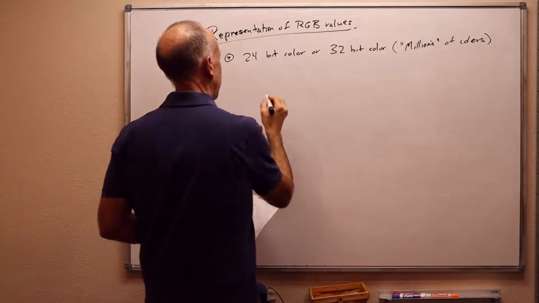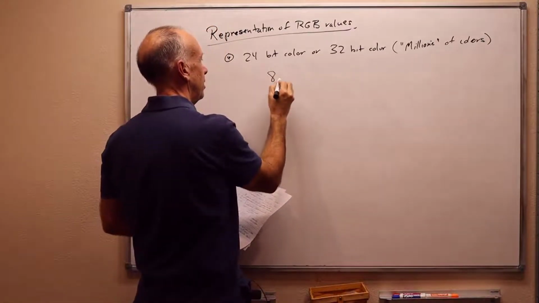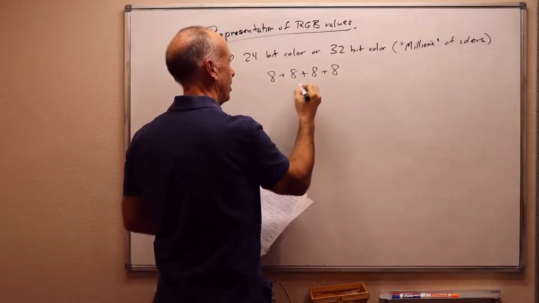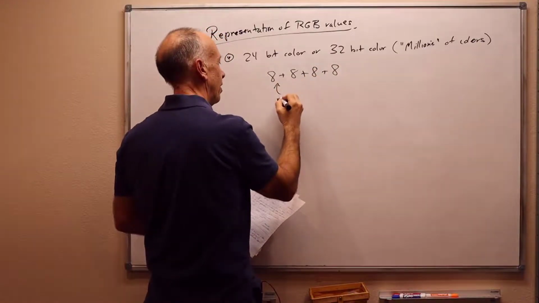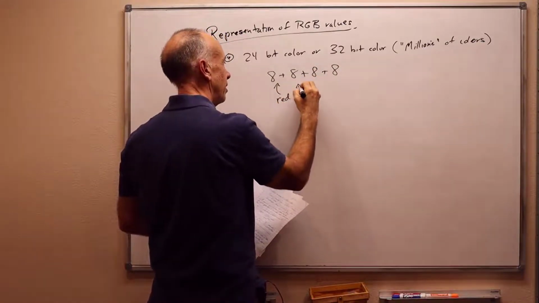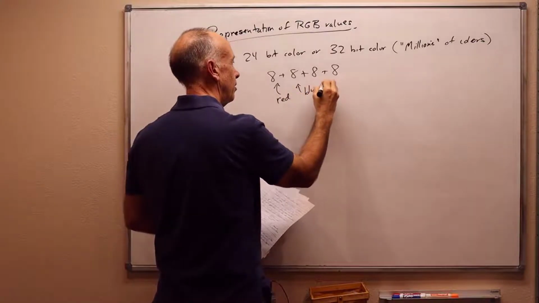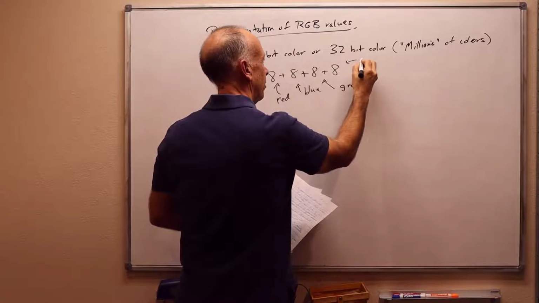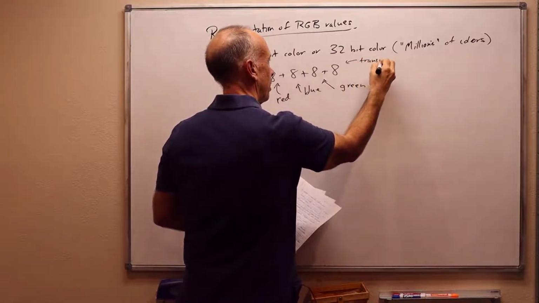And here, the system would be 8 bits plus 8 bits plus 8 bits plus possibly 8 more bits. We would have 8 bits for representing red, 8 bits for representing blue, 8 bits for representing green, and possibly 8 bits for the alpha value or the transparency.